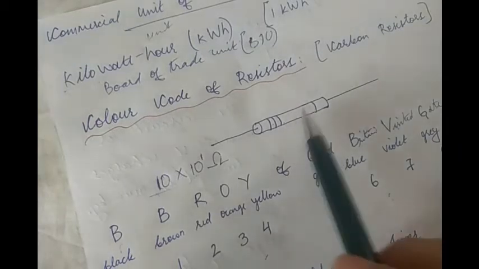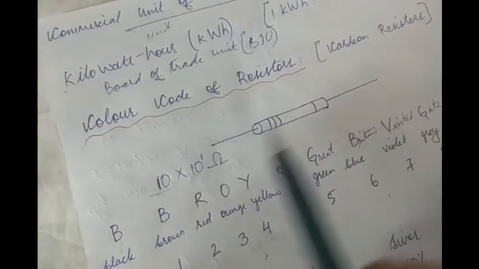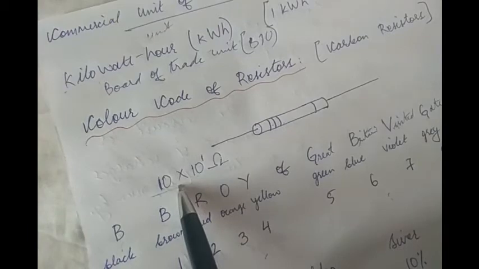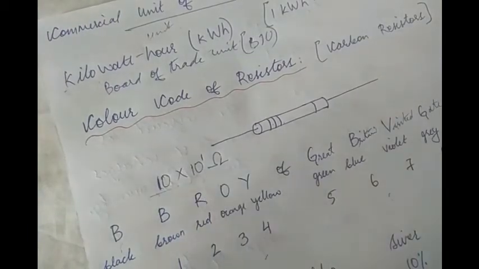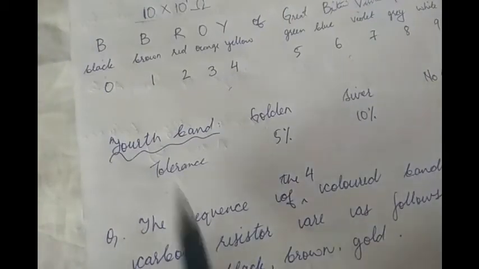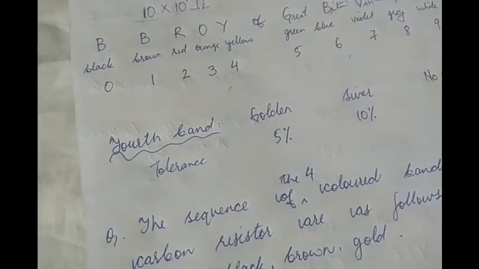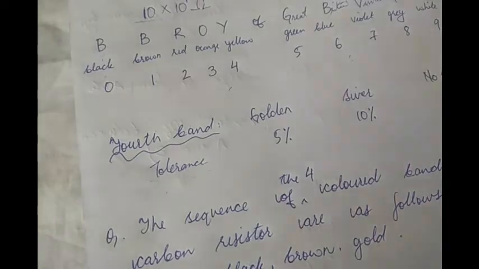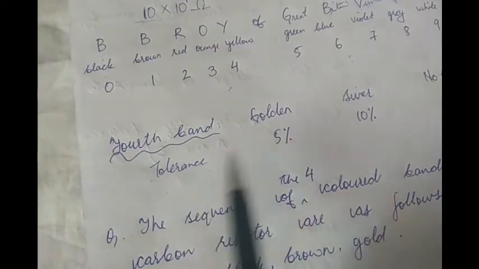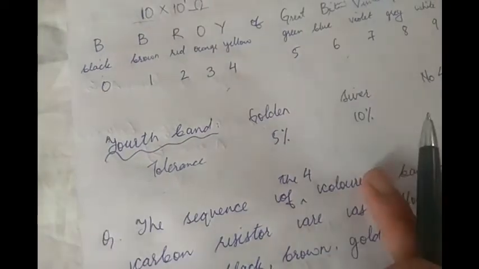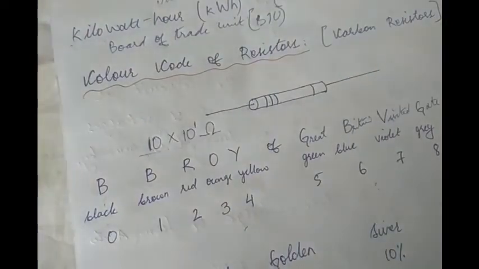The value of the resistance will either be lesser than this or more than this. So this fourth band gives us an idea, like I already mentioned, of something called the tolerance. Tolerance is the approximate value. It gives an idea about how accurate the value of the resistance is.